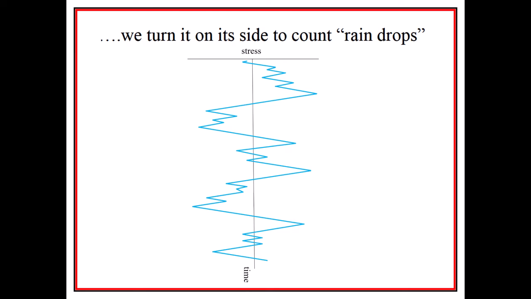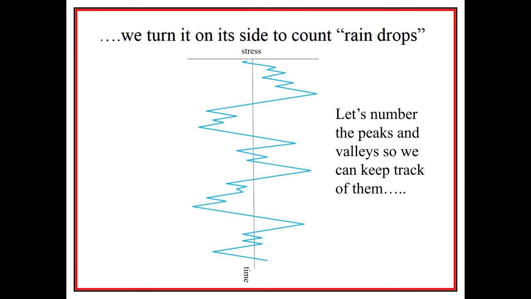Then we pretend that rain is falling, like little raindrops. First off, we look at the peaks and the valleys, and we number them. I like to number the valleys as odd numbers and the peaks as even numbers, if possible. Sometimes I might reverse that, but I try to keep it consistent.